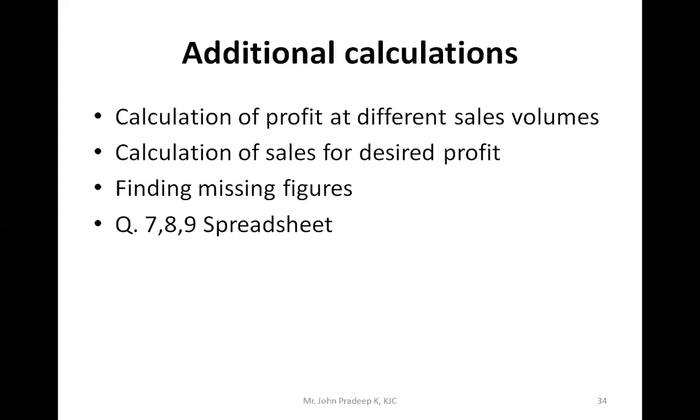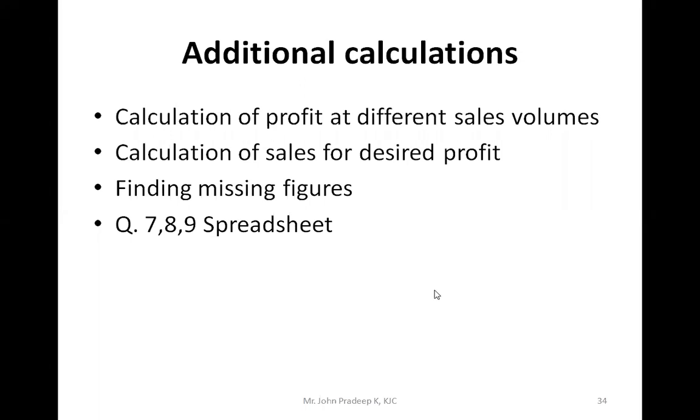But the question is how much you have to sell to get that 10 crores of profit. So both you can calculate using break-even point, and you can even find out the missing values. Like if they have given you sales and total cost but not variable cost, you can calculate it, or if he has not given sales, you can calculate. The missing figures you can find out. That is what we are going to calculate now in our problem.